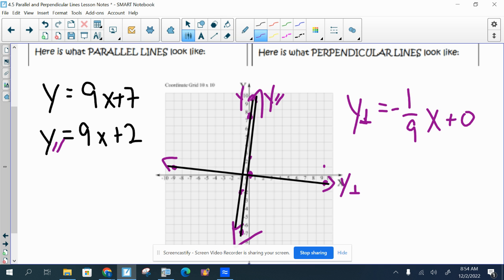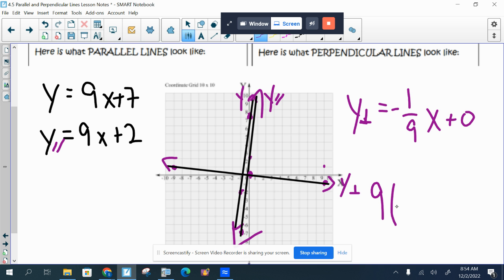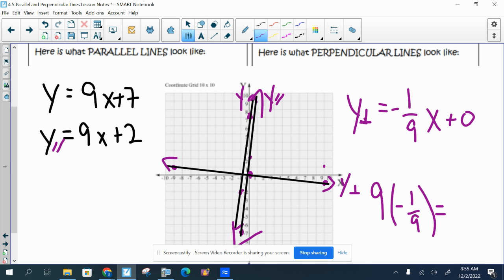All right. Now, something else to notice about numbers that are opposite reciprocals of each other. What if I take 9 and I multiply it by -1/9? What's 9 times -1/9? Not -81, because the 9s cancel.